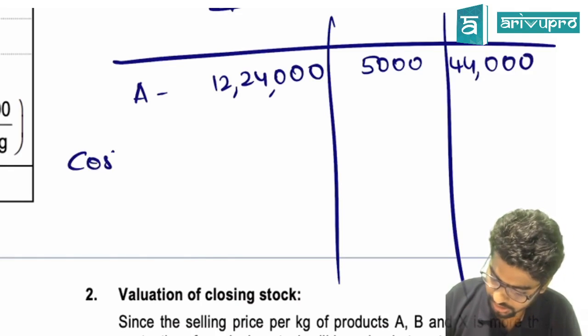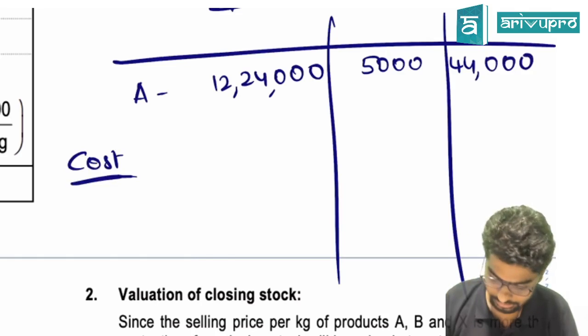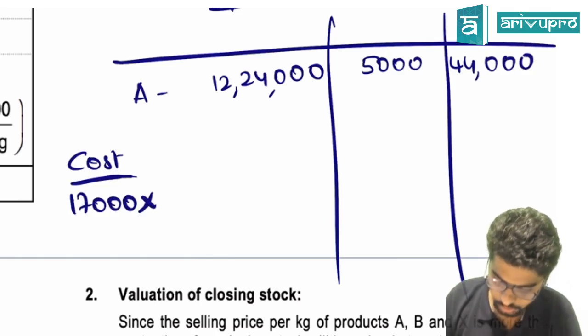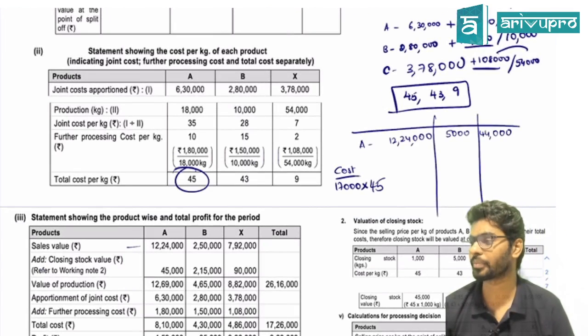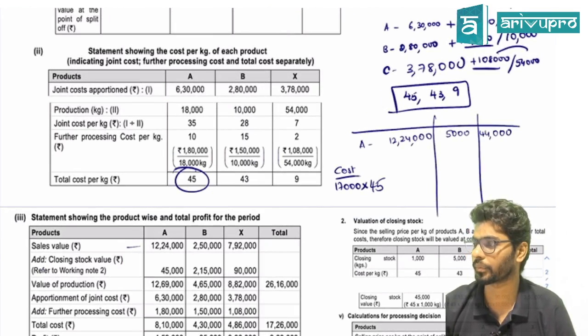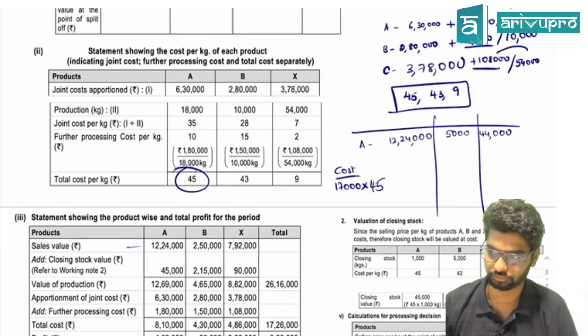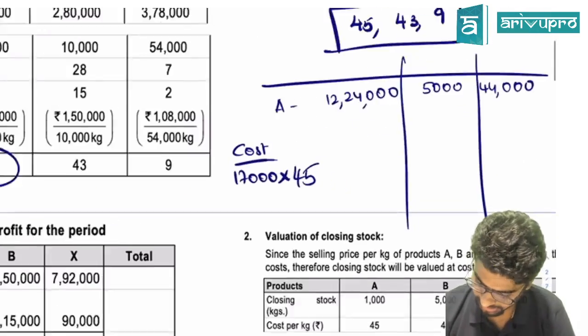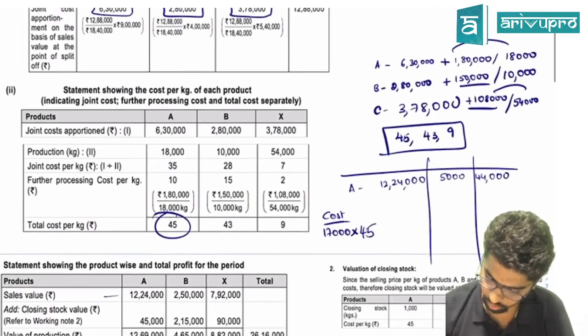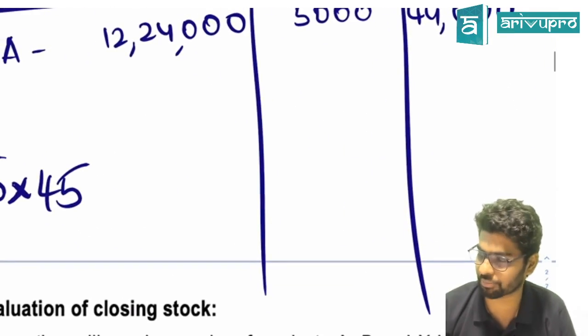What is the cost of A? Can I say 17,000 units into 45? Yes or no? Seven, right? For B, can I say it will be the number of units? How many units did B sell?